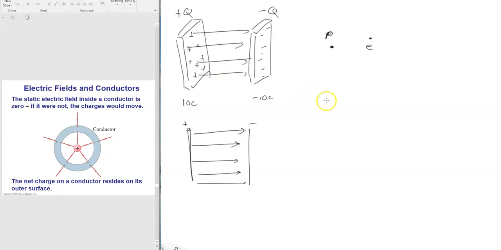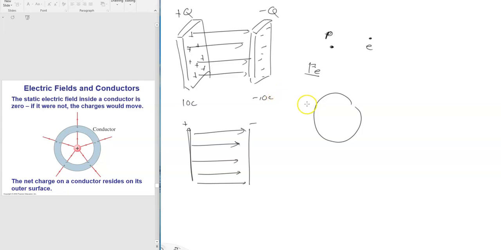So for example, let's say we have a metal sphere, something made out of, for example, iron. So this is a solid sphere, right? It's a 3D object. It's all iron inside. Let's say you want to charge it negatively.